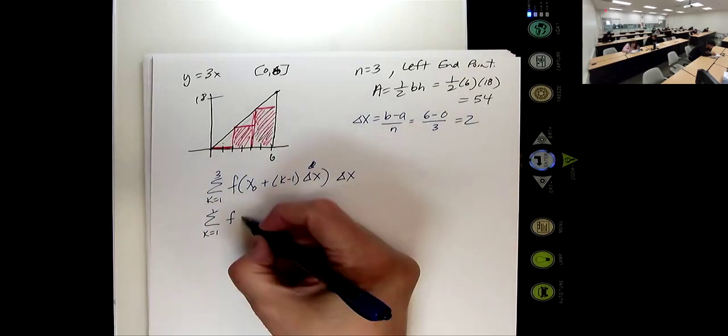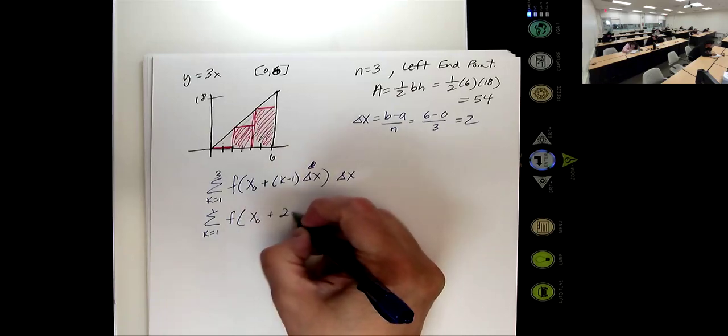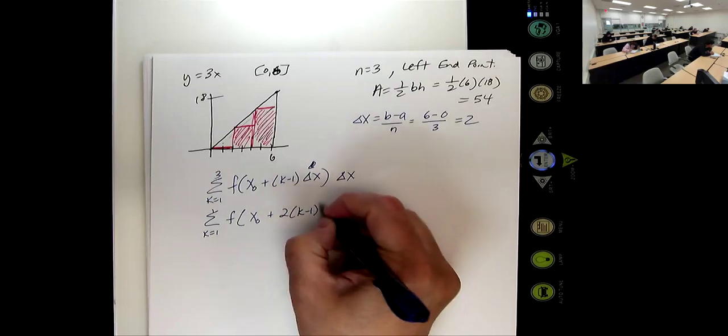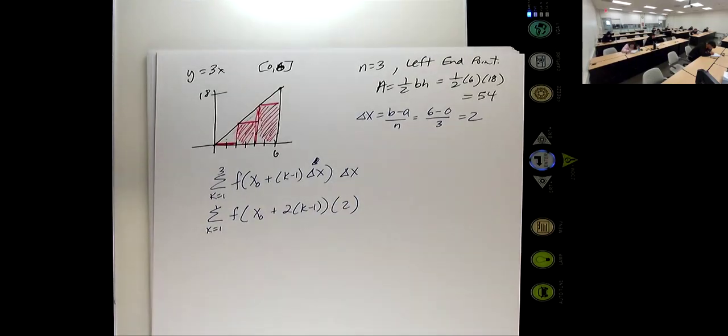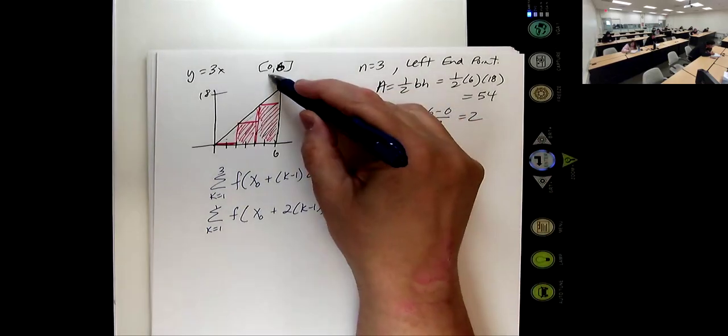This is doing x naught plus 2 times k minus 1, times 2. And x naught is my starting point.